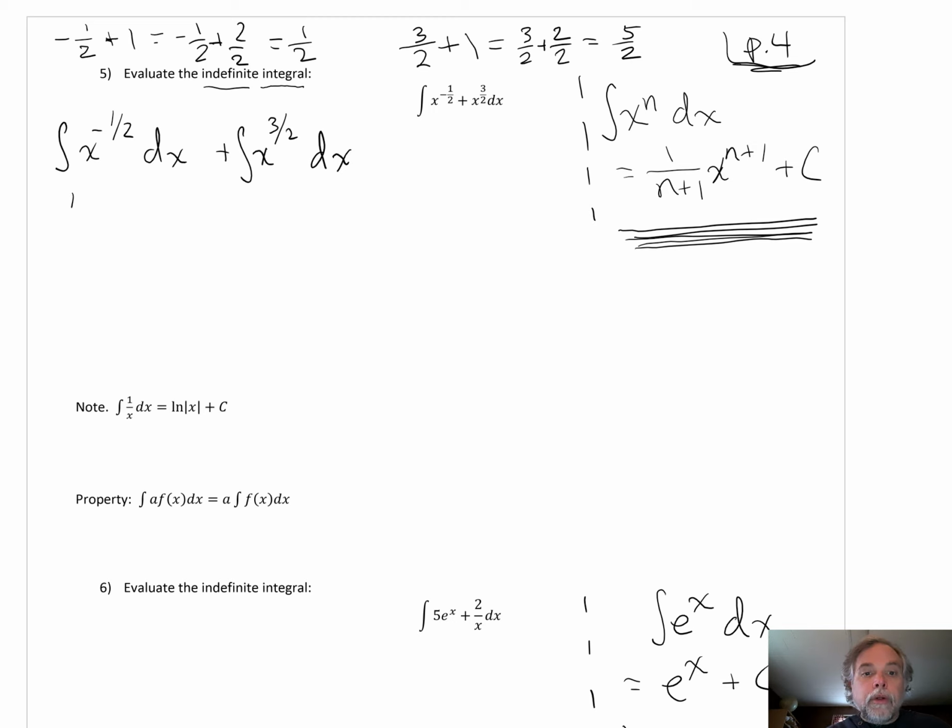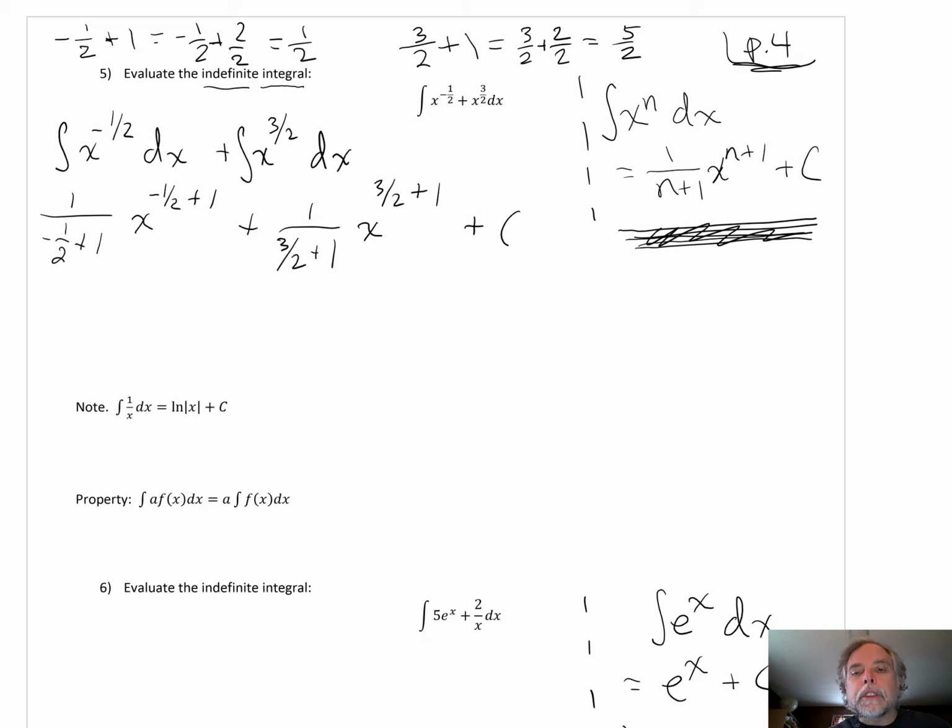For the first term, we get 1 over n plus 1, which is 1 over negative 1/2 plus 1, times x to the negative 1/2 plus 1. Plus, the second term is also x raised to a power, so it's 1 over 3/2 plus 1, x to 3/2 plus 1, and then plus c.